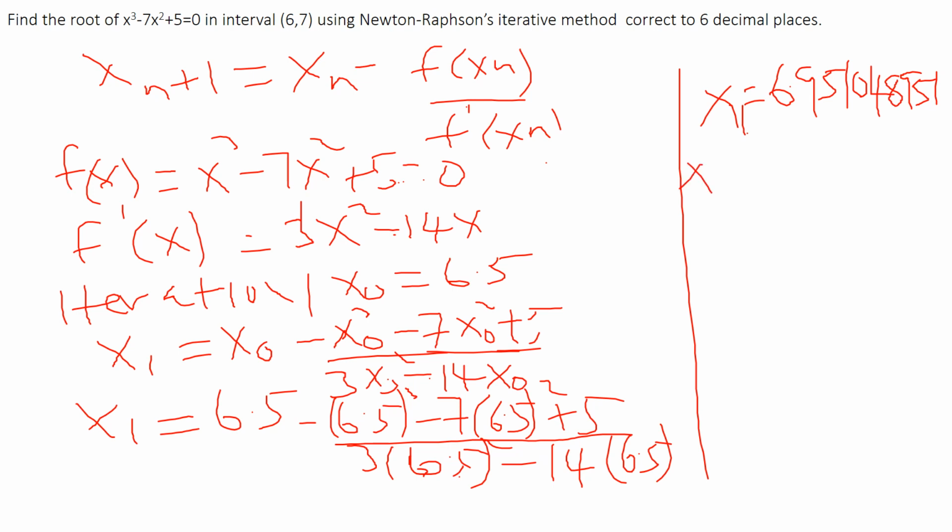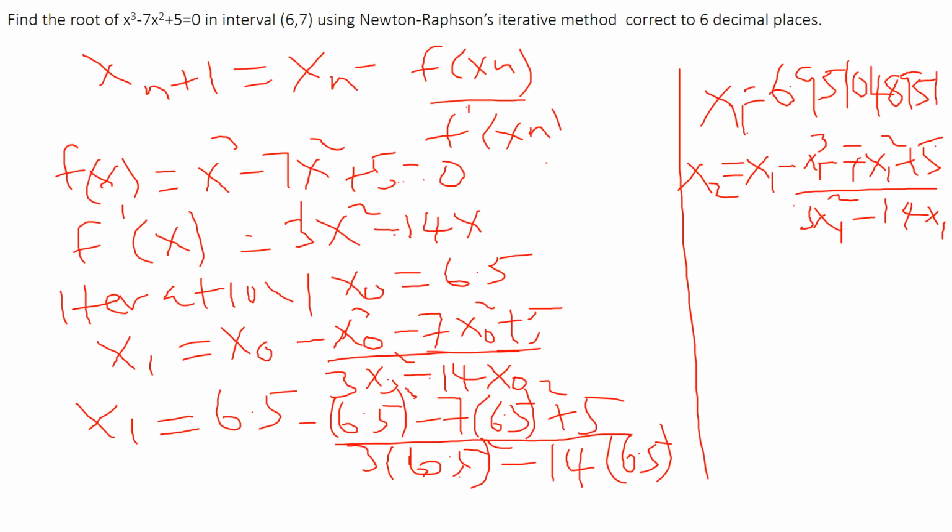So x2 will be given by x1, then we minus our function, which was x1 cubed, then minus 7 x1 squared, then plus 5, and then we divide by our first derivative, which was 3 x1 squared, then minus 14 x1.